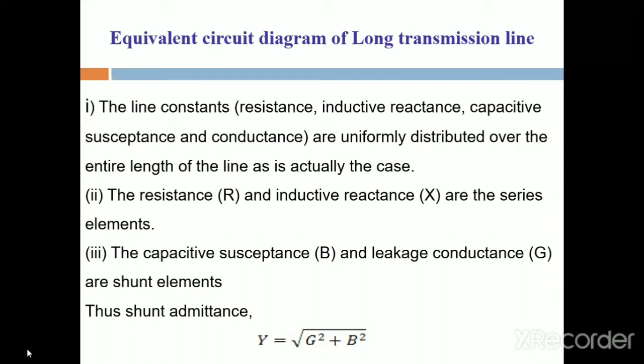Thus the shunt admittance is represented by Y. Y is equal to the square root of G square plus B square.